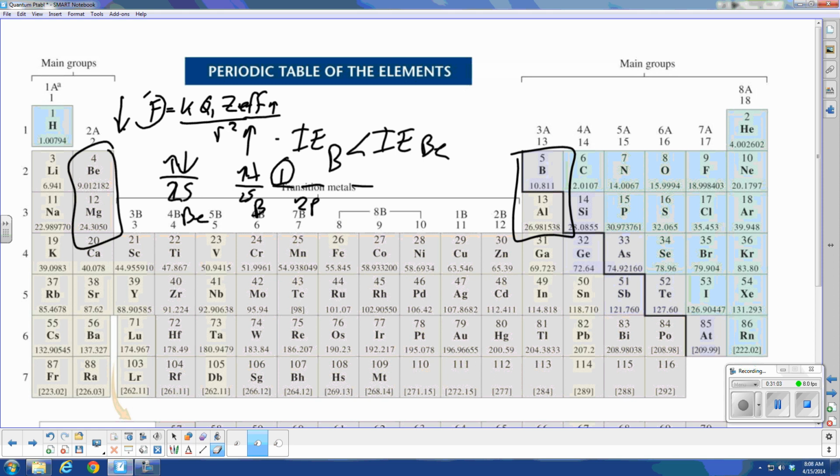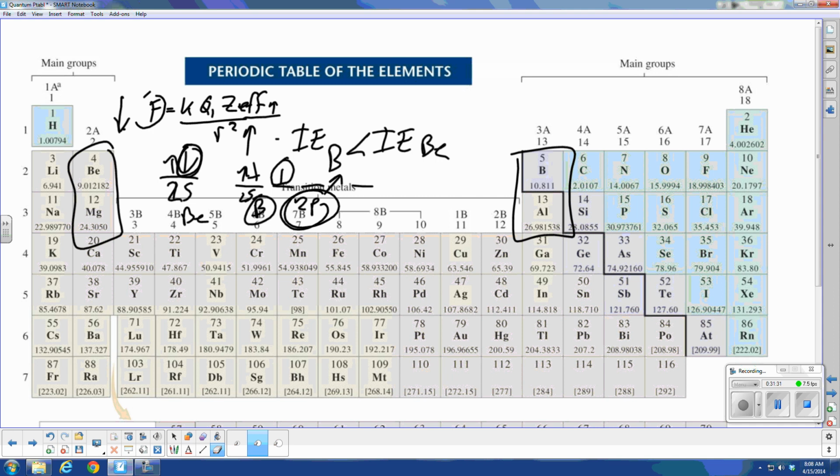So you're removing a p in boron, and you have to remove a shared 2s in beryllium. And it's easier to remove this 2p from boron than it is to remove this 2s from beryllium. So that's the reason. Some people will say that the s penetrates closer to the nucleus than the p, and that's why it's hard to remove.